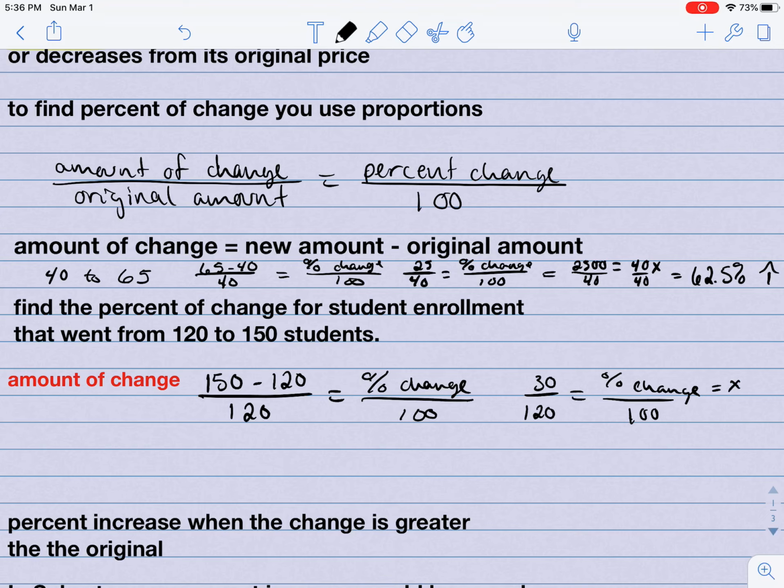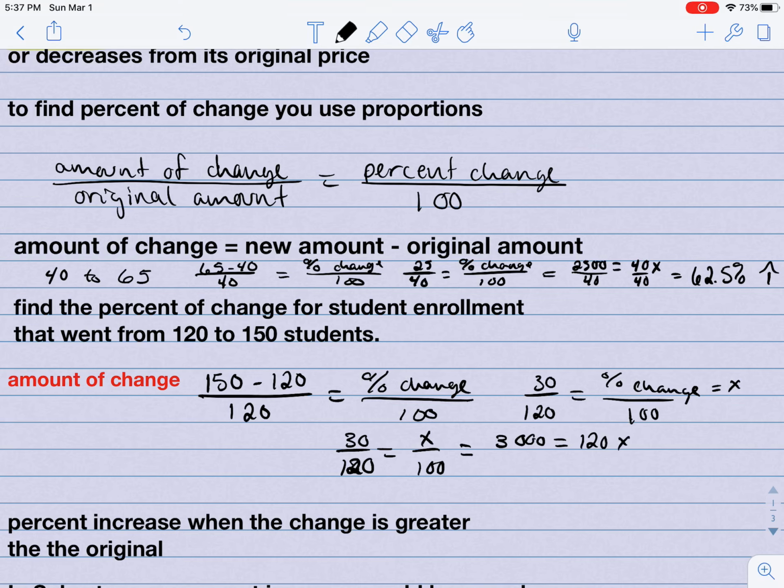So now we have 30 over 120 is equal to x over 100. Take the cross product, which would be 3,000 is equal to 120x.